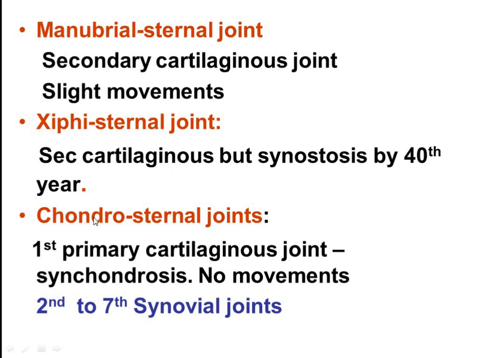As far as chondrosternal joints are concerned, the first costal cartilage, which articulates with the manubrium sterni, is a primary cartilaginous joint. The first chondrosternal joint is a primary cartilaginous joint, a synchondrosis, so no movement is possible.